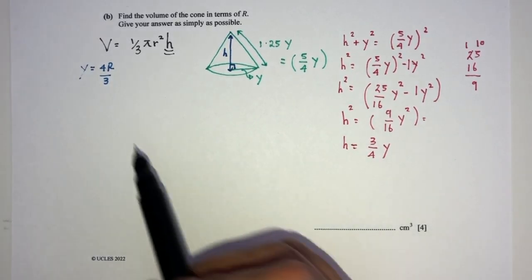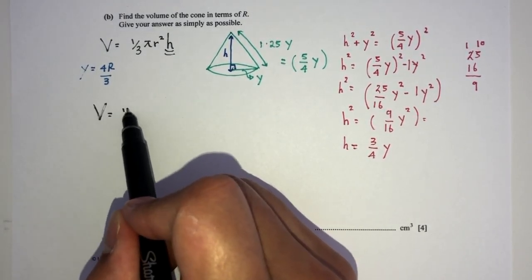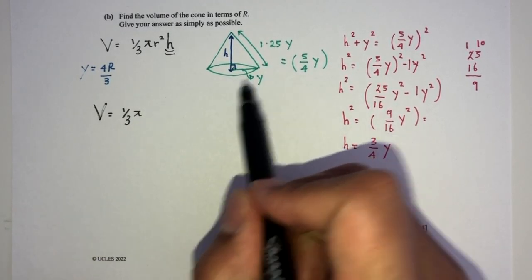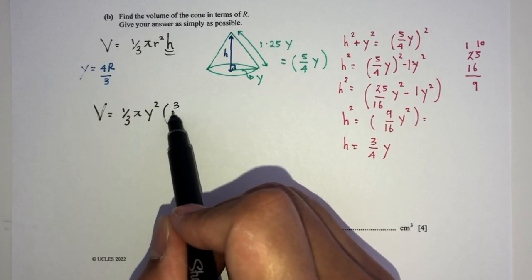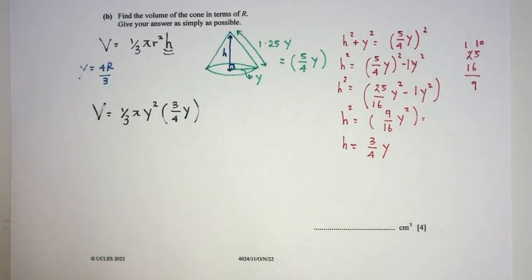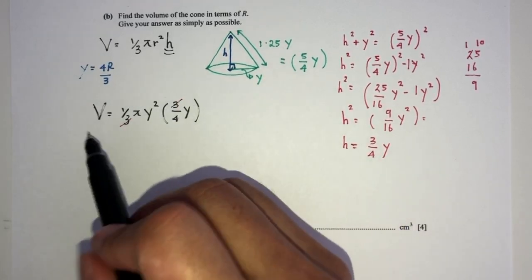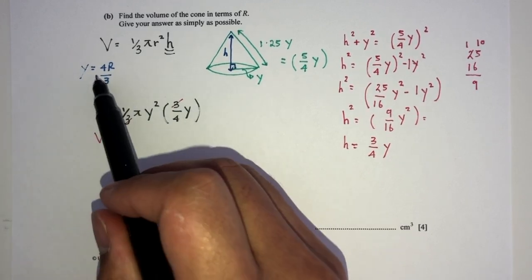Now let's move on. So V, volume, is equal to 1/3 pi r squared. r is y, right? y squared. h is 3 over 4 y, as we have seen over here. Now we just have to simplify. Obviously this and this will cancel out for now. V will be pi. y squared will be what?